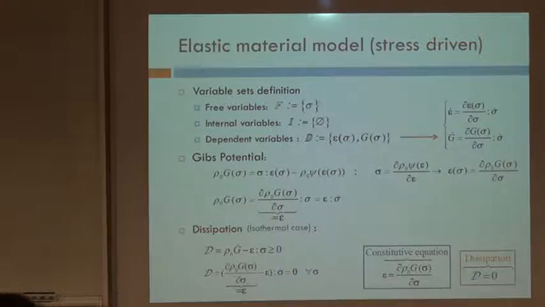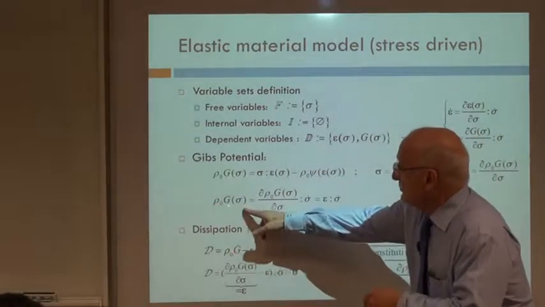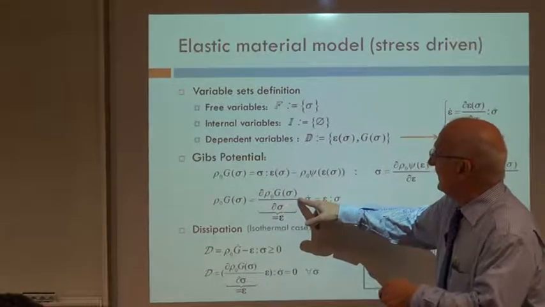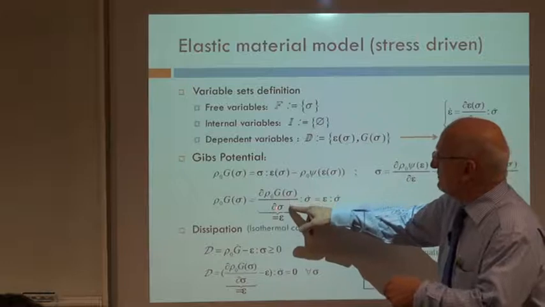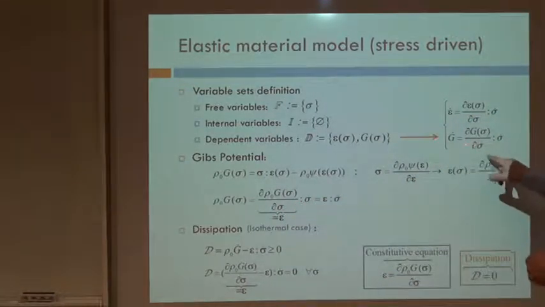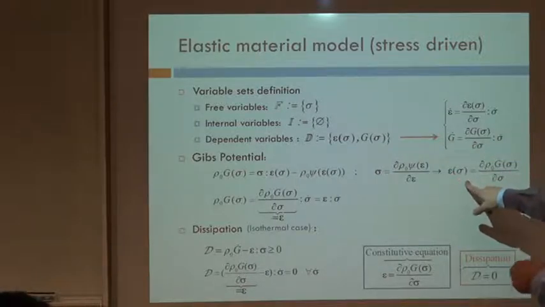Whenever I need in the dissipation what I see here, rho 0 G dot: G depends on sigma, so G dot would be the derivative of rho 0 G with respect to sigma times sigma dot. But the derivative of rho 0 G with respect to sigma is epsilon. So this is epsilon times sigma dot.